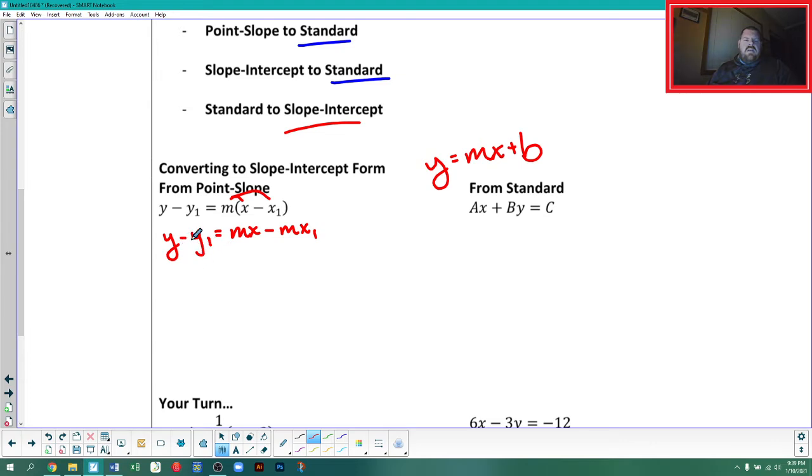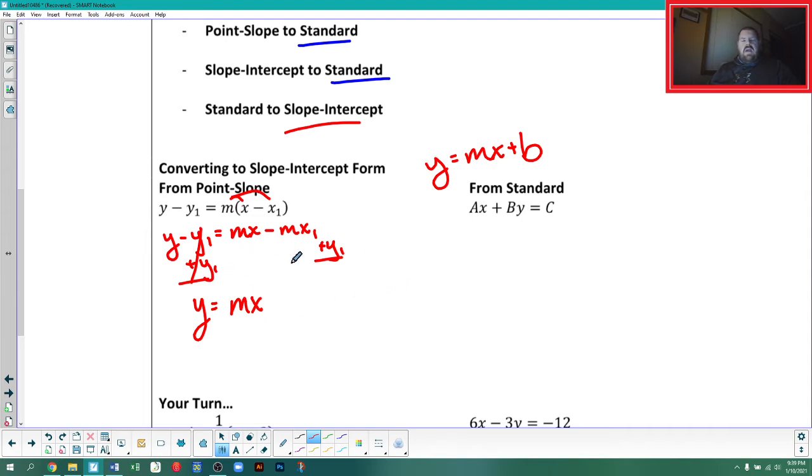And then the last thing we have to do is move this y1 to the other side because that's a number that's on the same side as y, and we want to get rid of that. And so I'm just going to add y1 here on the end. And we get, over here, my y1's cancel, get y equals, we wanted mx plus b, right?